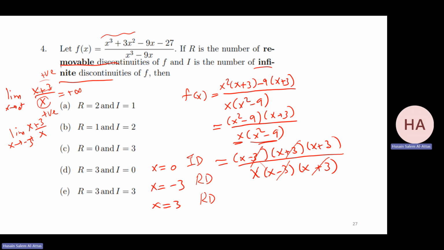It will be what? The limit exists. Just substitute. You have minus 3 plus 3, which is 0, over minus 3, that is 0. So we have removable. Limit as x goes to 3. That's still removable. It will be 6 over 3, which is 2. So we have 2 removable and 1 infinite. So r equals 2 and i equals 1.